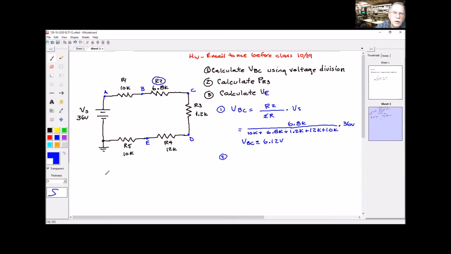Well, if we think about our table, let me put the table up over here. We had VS, R1, R2, R3, R4, R5.